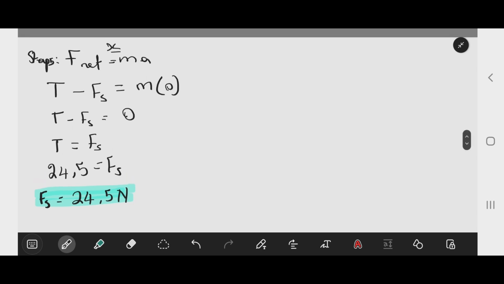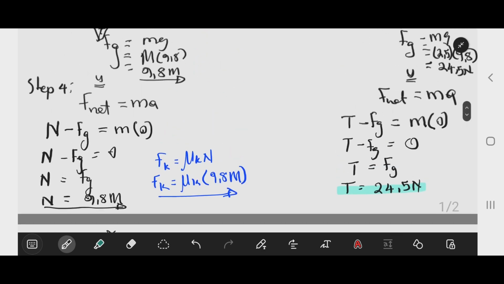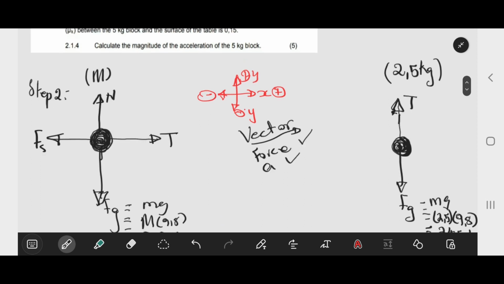All right, so let us continue to perform the Fnet in the x direction for this object, okay? Fnet equals ma for the 2.5. But if you look at the free body diagram, there is no force acting in the x direction, so we can't perform the Fnet in the x direction for this object.